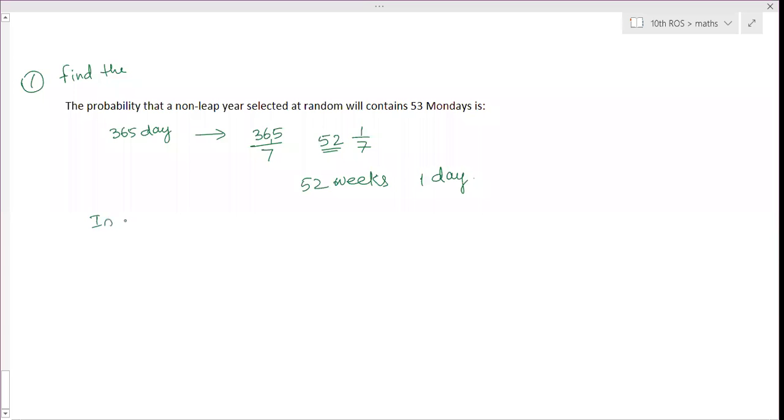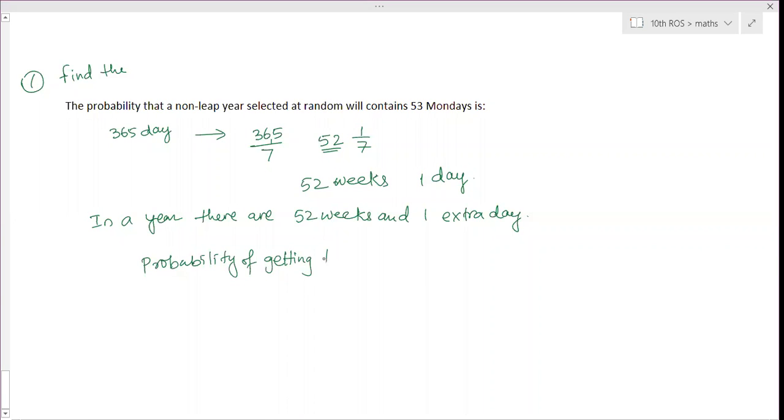So write it properly. In a year, there are 52 weeks and 1 extra day. Therefore, the probability of getting that one day as Monday is 1 out of 7.